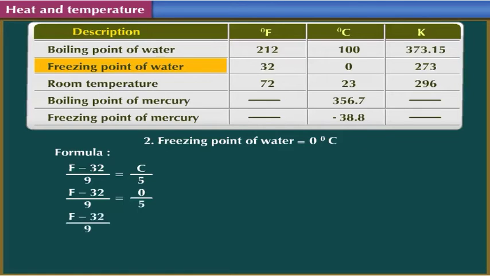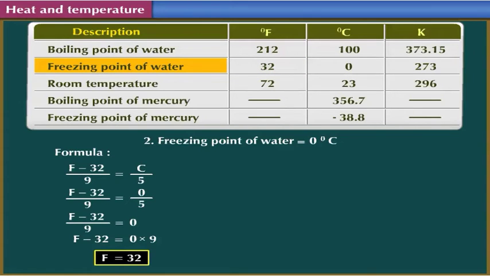Thus, F minus 32 upon 9 is equal to 0. Thus, F minus 32 is equal to 0 into 9, which is equal to 0. And therefore, F is equal to 32. The calculated value is matching with the one given in the table.